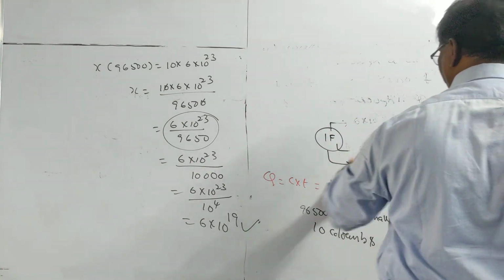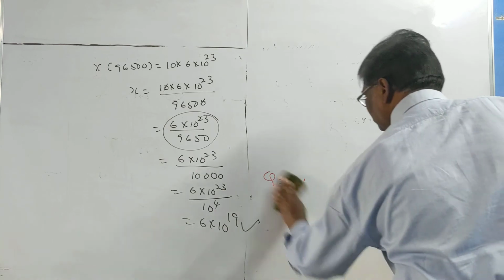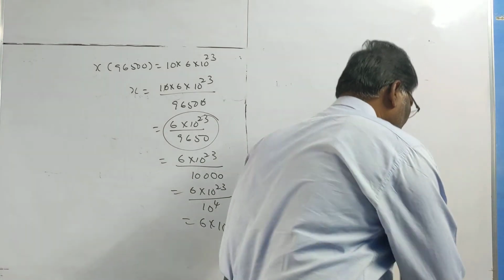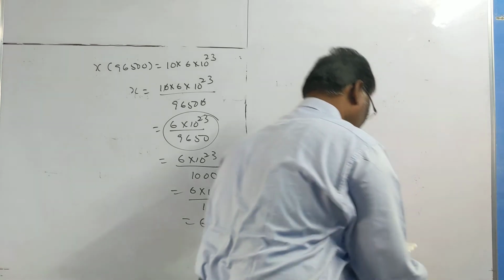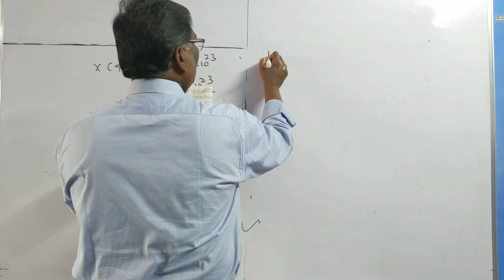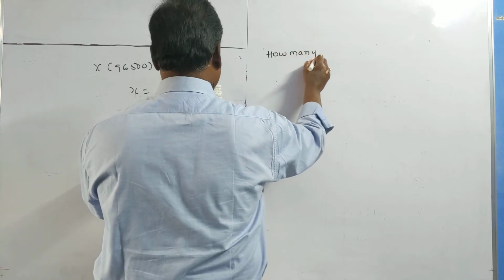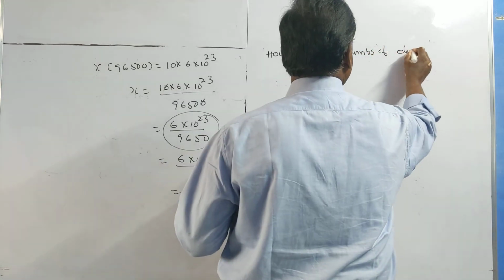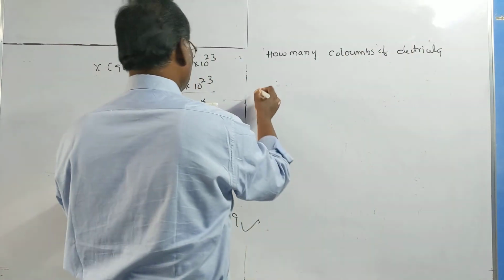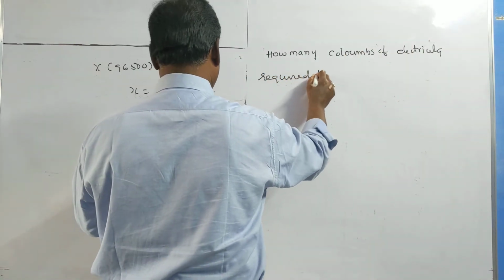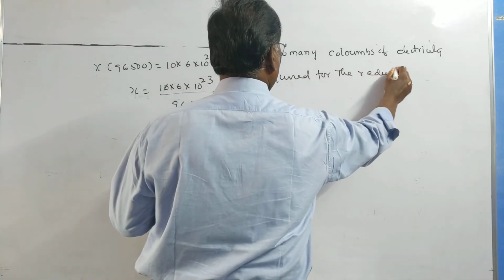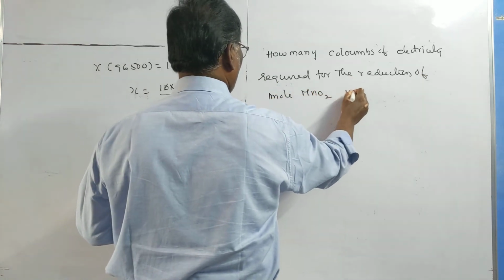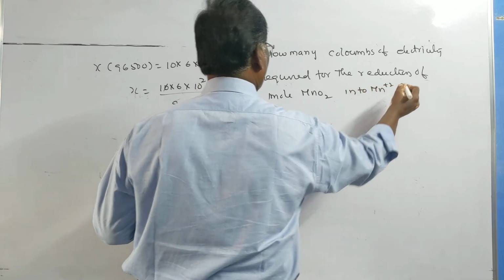The next one is: how many coulombs of electricity are required for the reduction of 1 mole MnO2 into Mn plus 2?